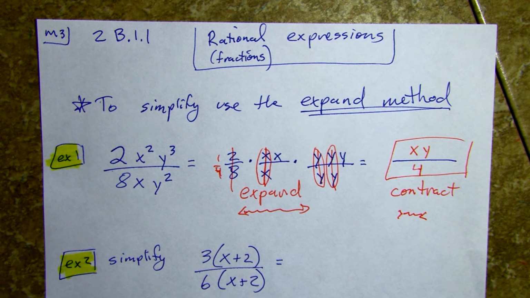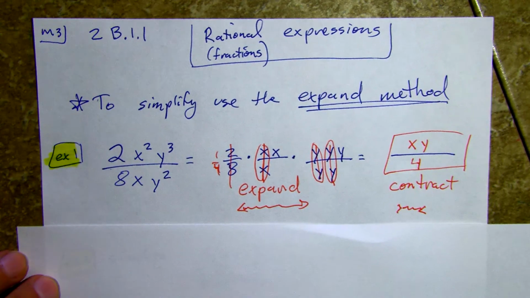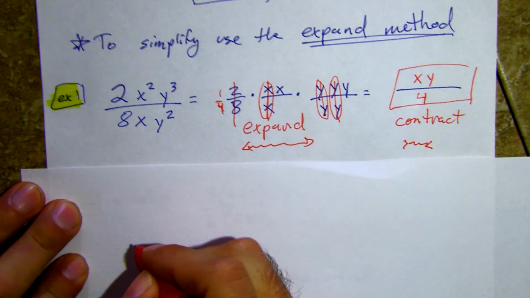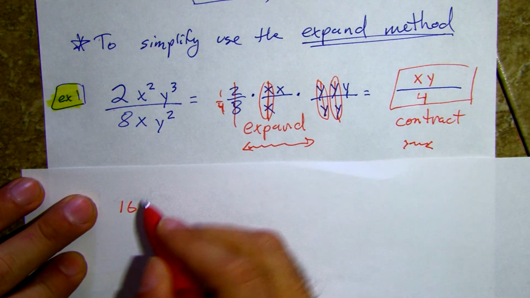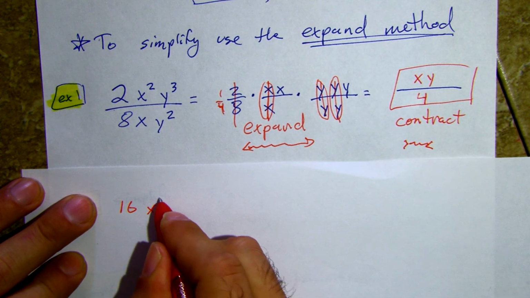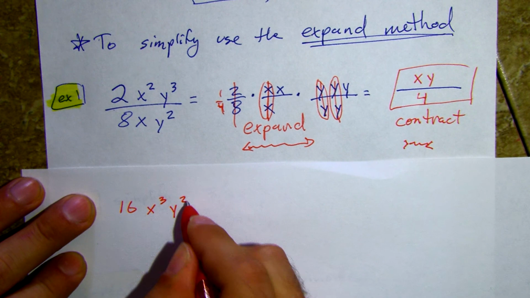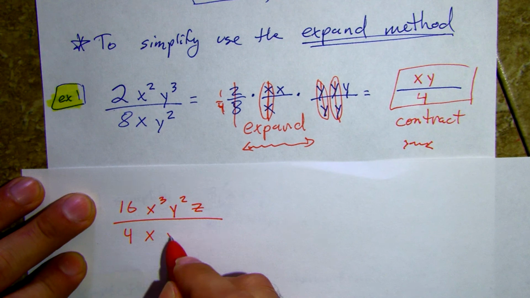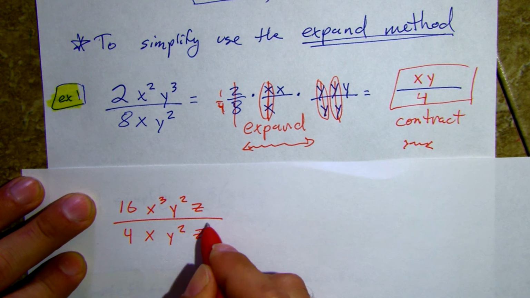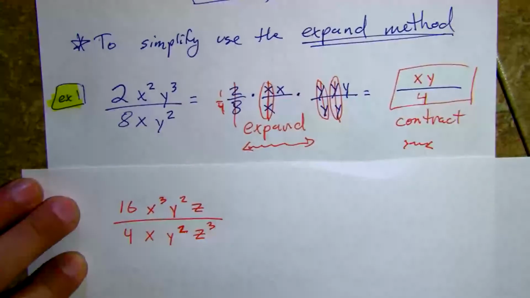And actually, I want to do one more. So find space on your page or maybe somewhere else if you need it. Let's try this one. Okay, go ahead and split that up.